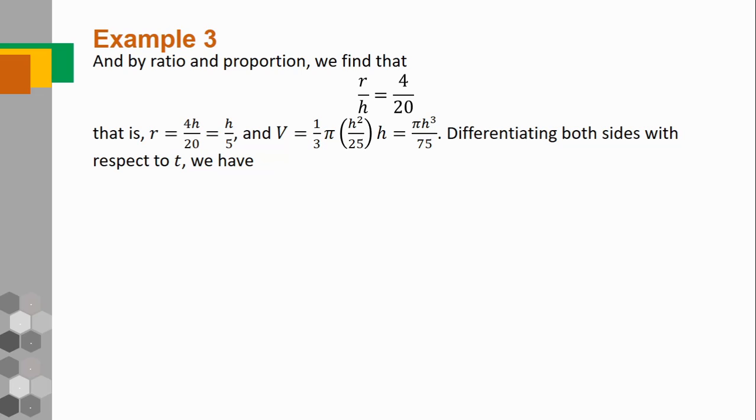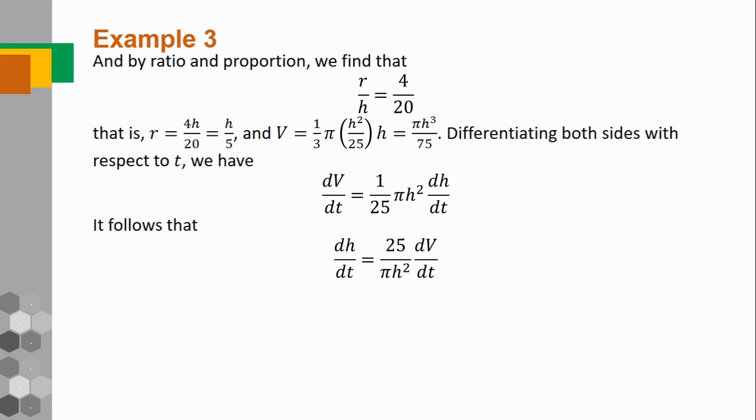over 75. And now differentiating both sides with respect to t, we have dV over dt equals pi h squared over 25 times dh over dt. It follows that dh over dt equals 25 over pi h squared times dV over dt.